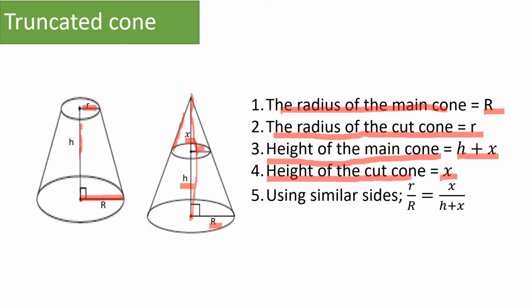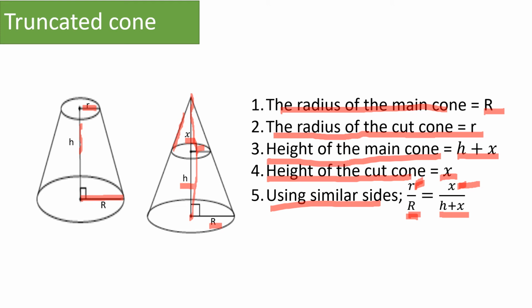So using similar shapes and proportion, the radius of the cone cut is to the radius of the main cone, so we express it as small r over big R. Then x, which is the height of the cone cut, over the main height, which is h plus x, they are equivalent, or in ratio form.